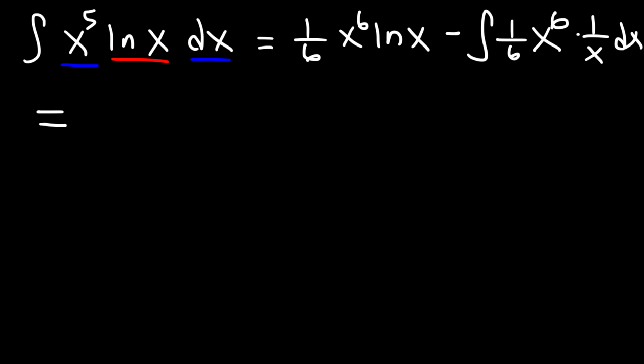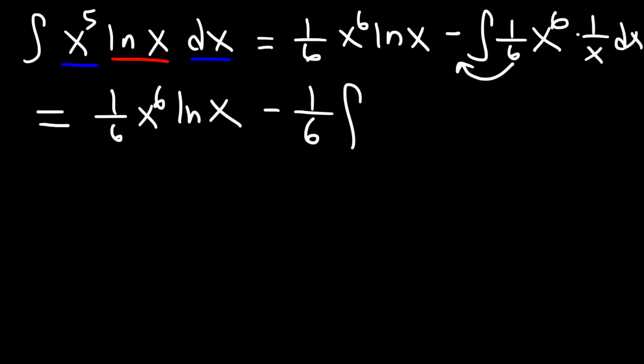But first, let's rewrite the expression. So let's take the constant 1 over 6 and move it to the front. So it's going to be minus 1 over 6 and then the integral symbol. X to the 6th divided by x, that's going to be x to the 5th power.